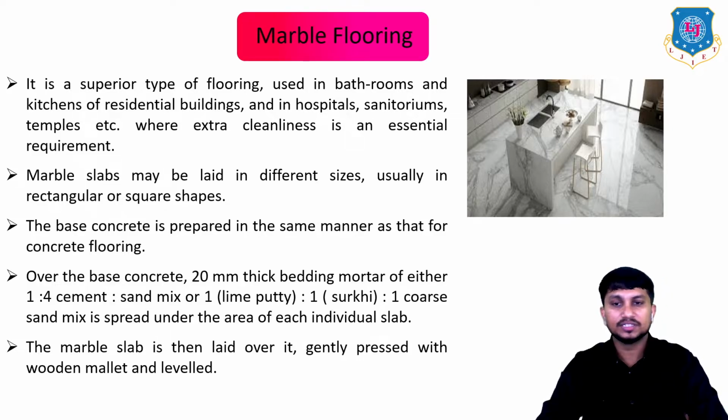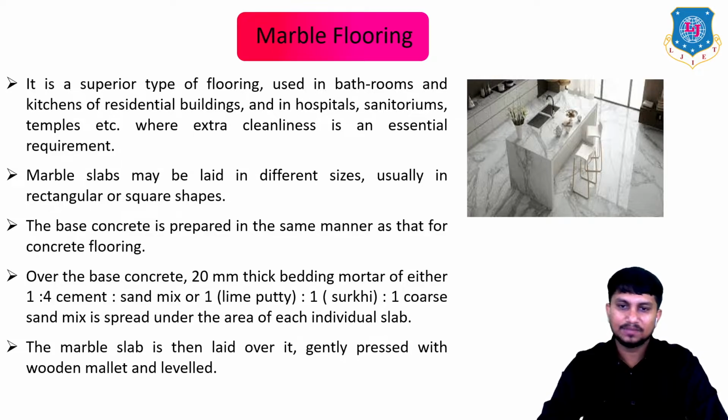Over the base concrete, 20 mm thick bedding mortar of either 1 to 4, you can say 1 of cement and 4 of sand is mixed, or 1:1:1 having 1 of lime putty, 1 of surkhi, and 1 of coarse sand mix is spread under the area of each individual marble.